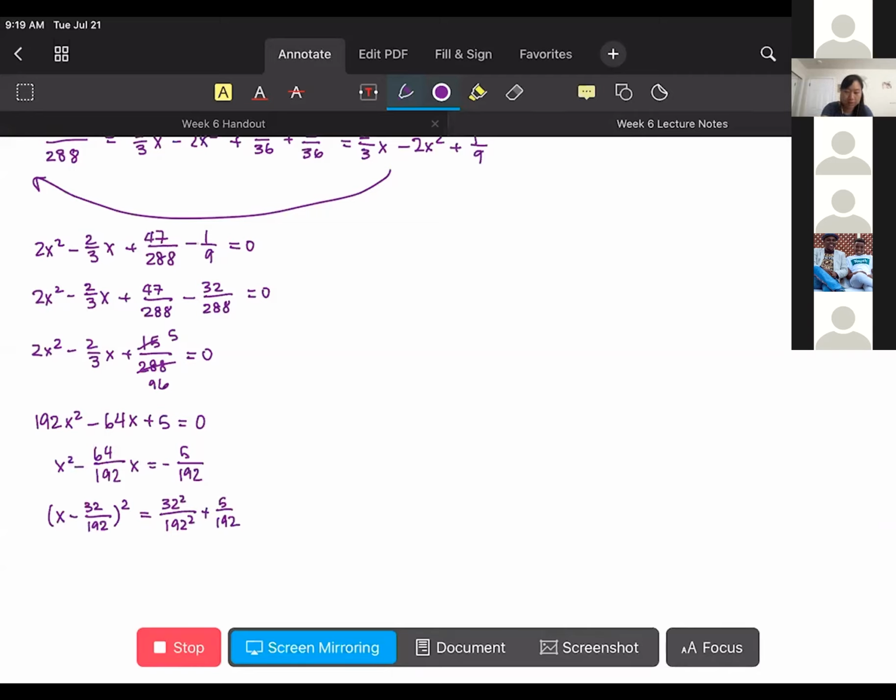Is this right? And it's the square root of that, which will give us 32 over 192 plus square root of 5 over 192 equals x minus 32 over 192. And then we shift the x minus 32 over 192 to the other side.